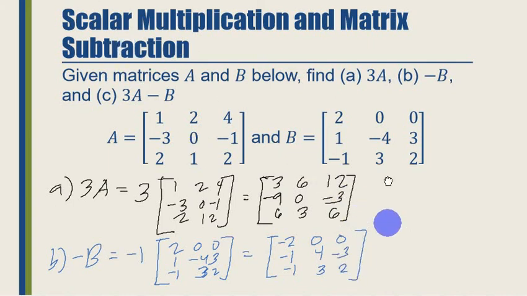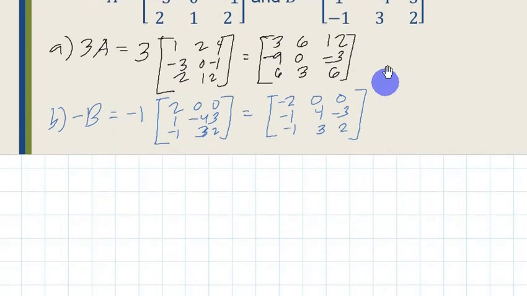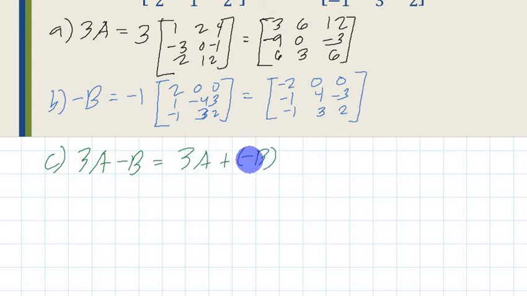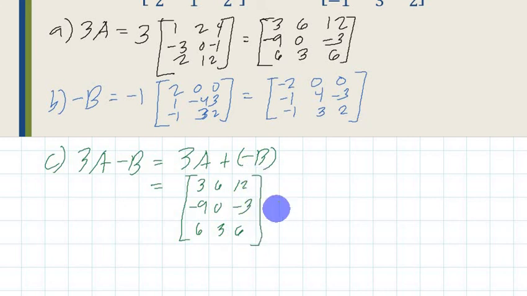Finally, we are asked to find 3A minus B. That is the same as saying we're going to have 3A plus negative B, or negative 1 times B. In other words, we add our 3A, which is 3, 6, 12, negative 9, 0, negative 3, 6, 3, 6, to our negative B, which is negative 2, 0, 0, negative 1, 4, negative 3, negative 1, 3, and 2.